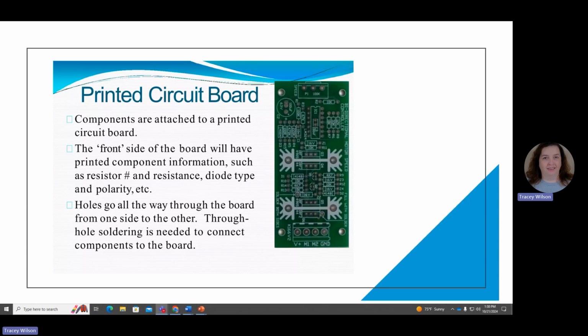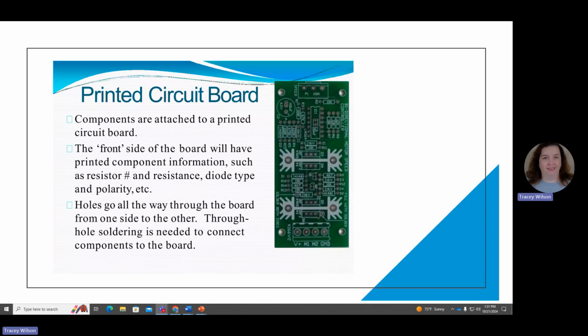The different labels mean different things, so they'll have codes on them and they'll come with documentation to tell you what the codes mean. These are talking about resistance. This is a 100K resistor. This is a 47K resistor. But it's all printed into the board instead of being individual pieces.